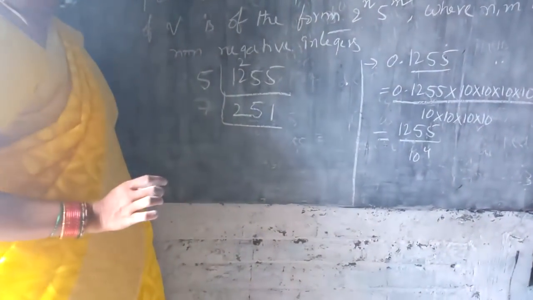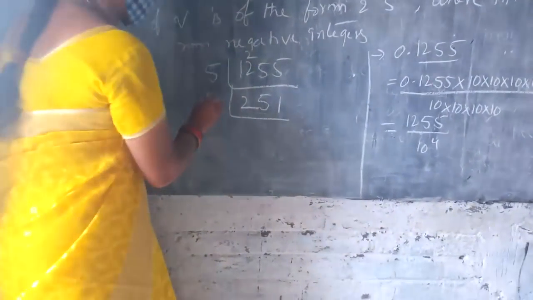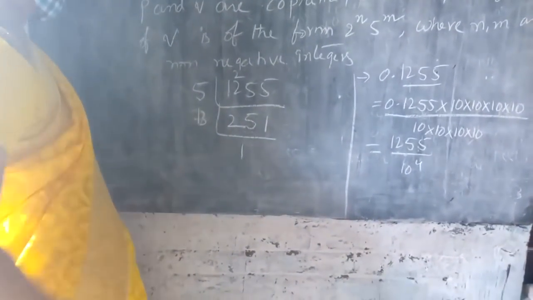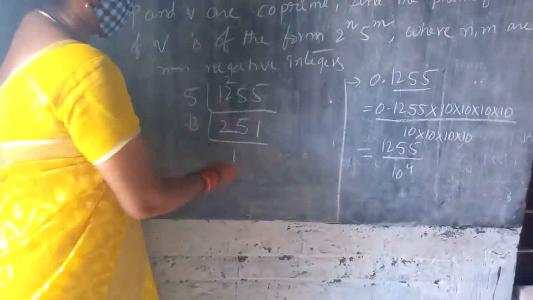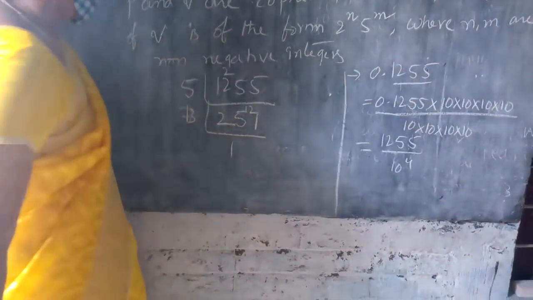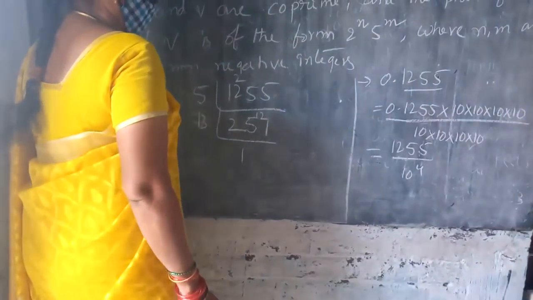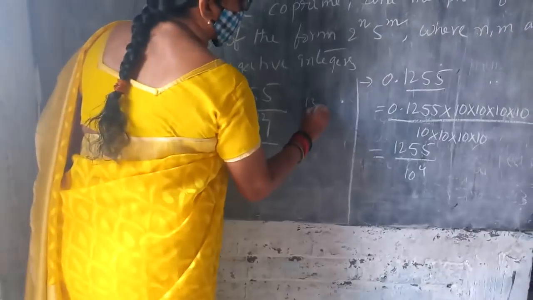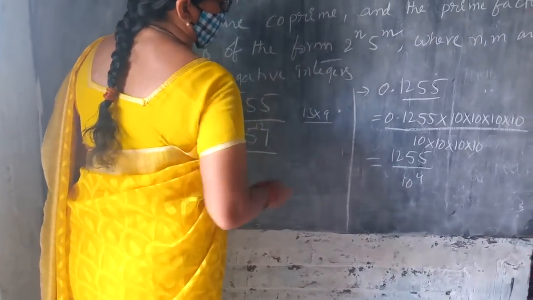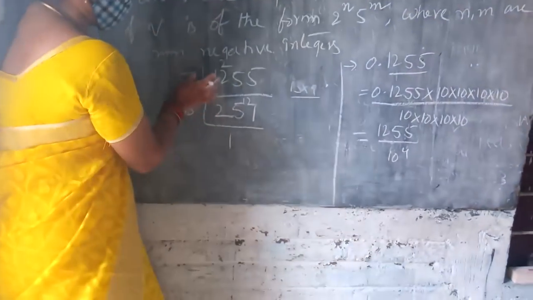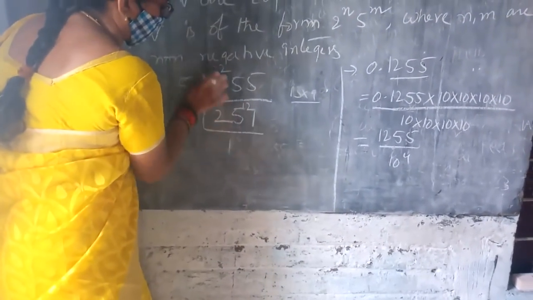Next 11 is not divisible. 13 ones are 13, remainder 12, not divisible. Next number 17.